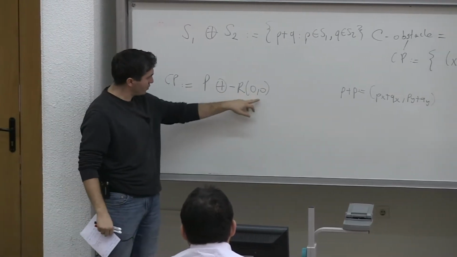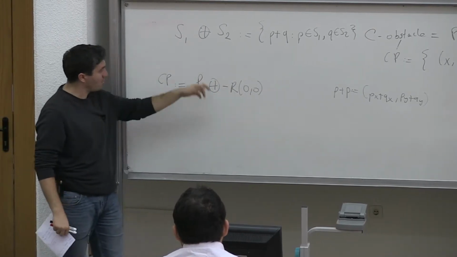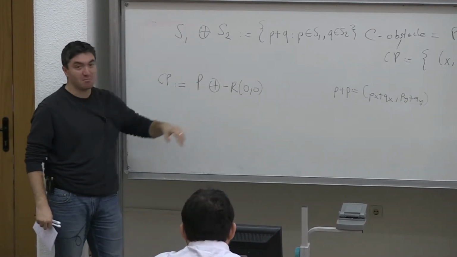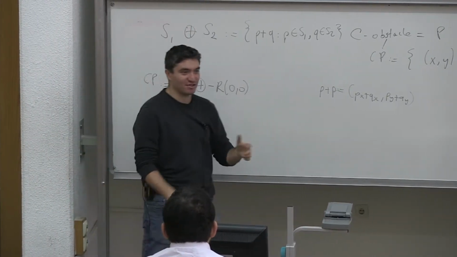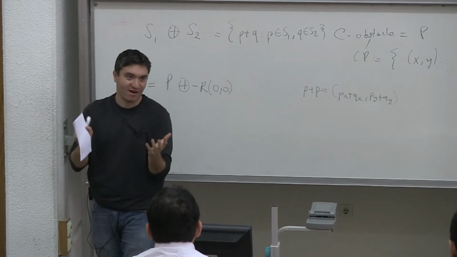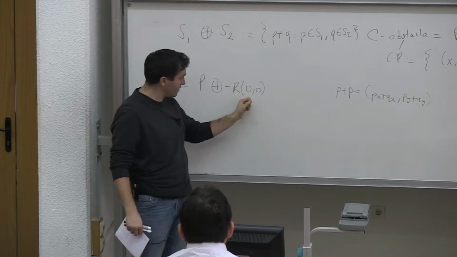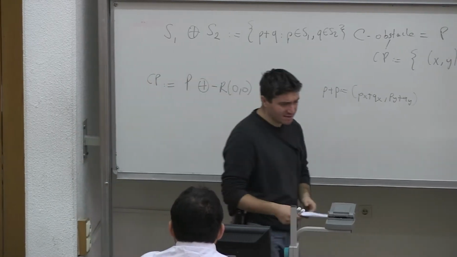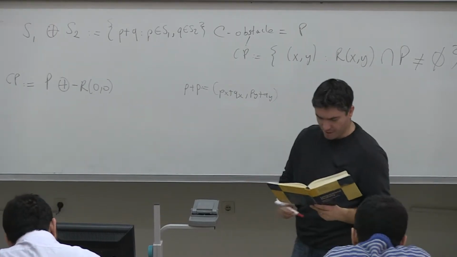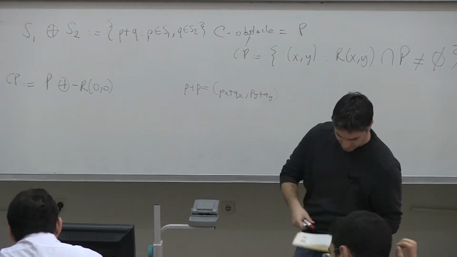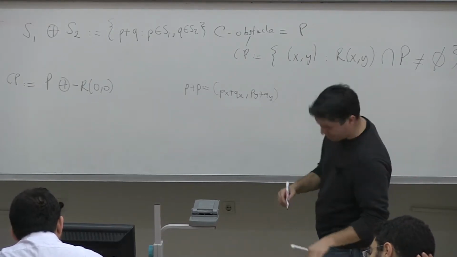In order to be correct and complete, we also need to define what this minus means. We haven't seen this minus mapping yet. We have just seen R of x, y, which we defined as a transformation, and minus R is defined as a reflection. Here's the complete description of minus R. It's just, we take.